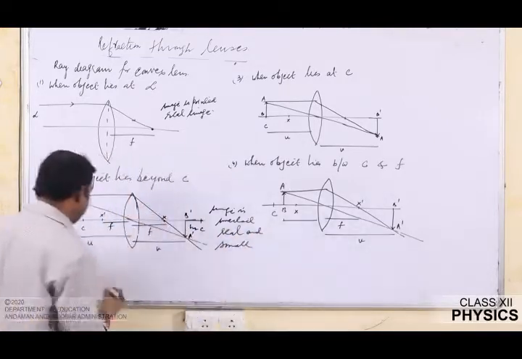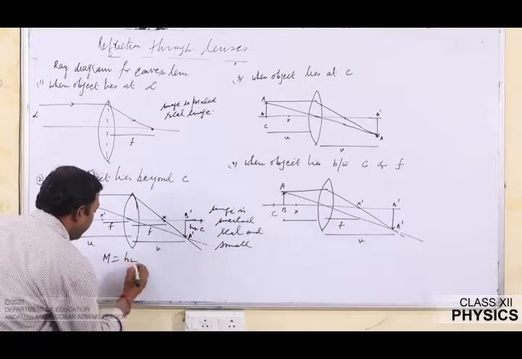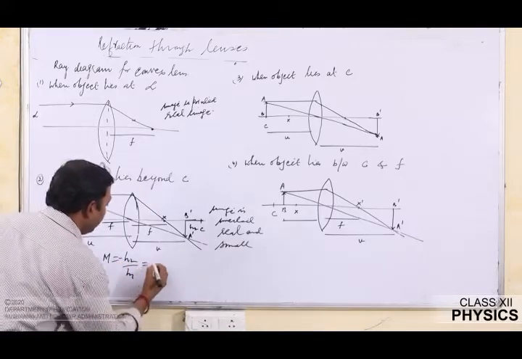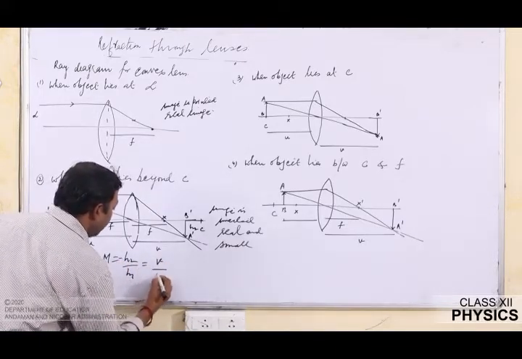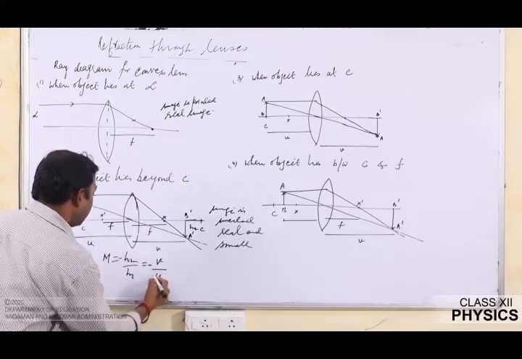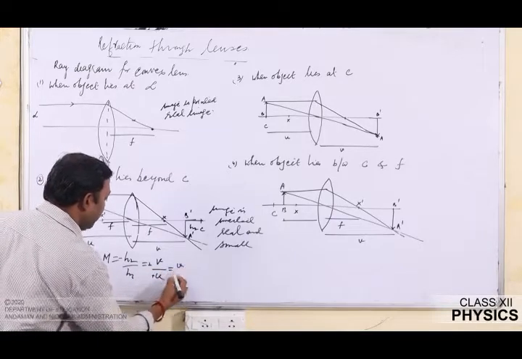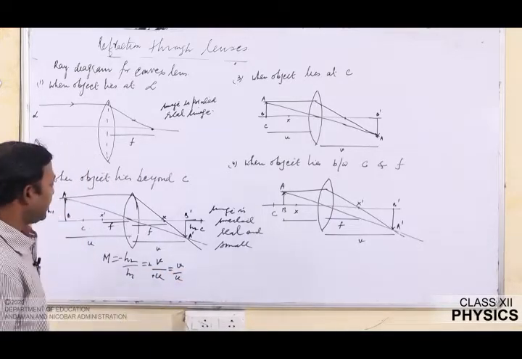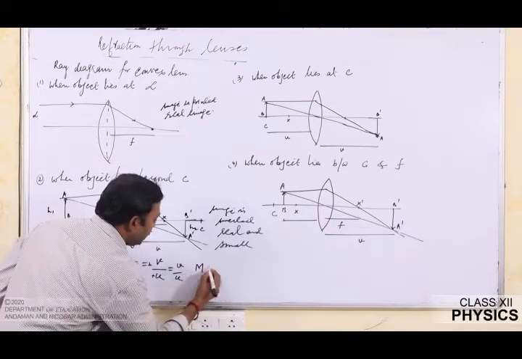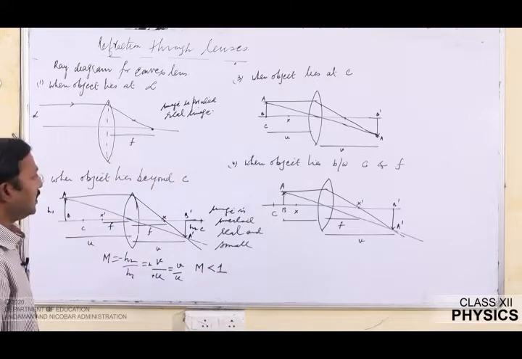So, magnification in this case, m equal to h2 by h1 with negative sign, is equal to v divided by u with negative sign. Using sign convention here, v is positive, u is negative, minus minus becomes plus, so v divided by u, and the magnification in this case is lower than 1. So, m is less than 1, that is, the size of the image is smaller than the size of the object.